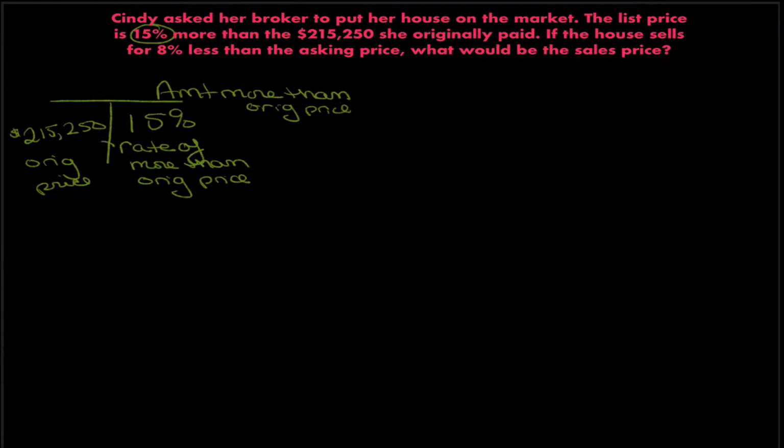So we're going to multiply, and when we do, we find out that the amount is $32,287.50. So originally she paid $215,250, but we're putting it on the market for $32,287.50 more.